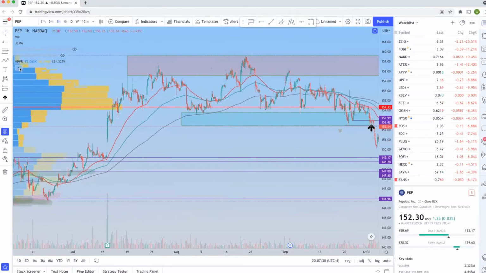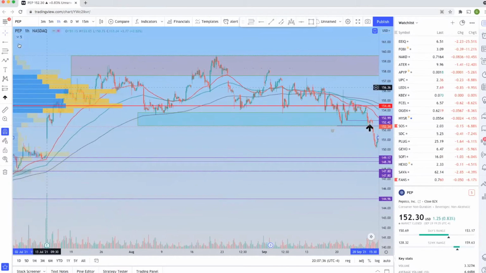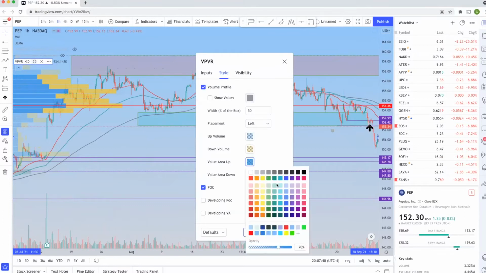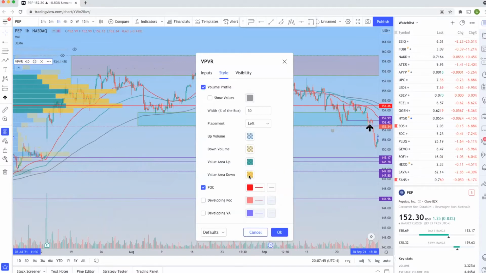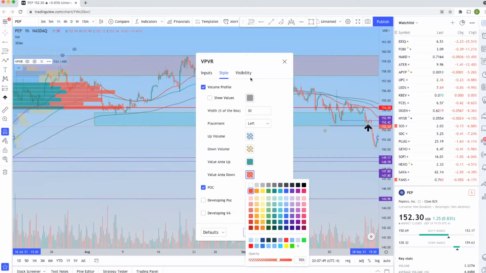A few people asked me why I don't use green and red. It's just the way I like it. I can show you quickly, but if you use green and red, I don't really like it that way, but it's up to you. Just play with it.